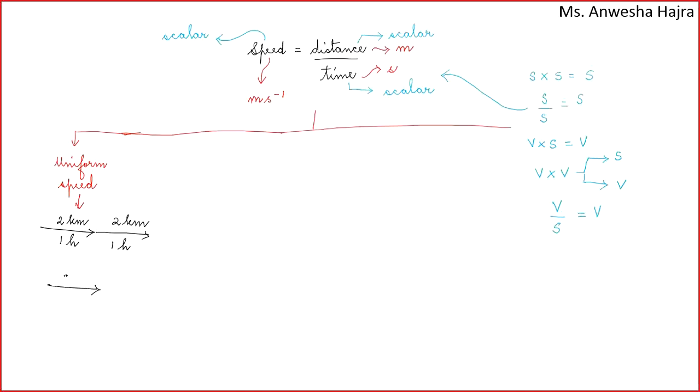Say it moves 2 kilometers in 1 hour, then changes the direction, moves 2 kilometers in 1 hour. This is also uniform speed. In uniform speed, direction is not at all important because it is a scalar quantity. So, direction is not important in speed.